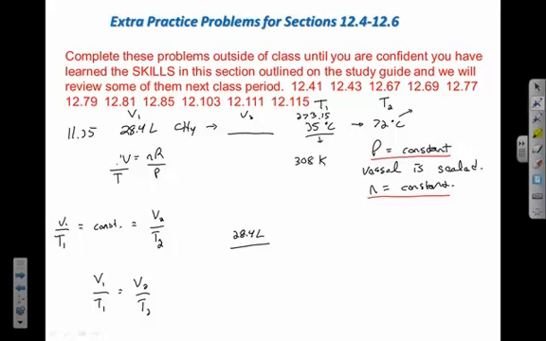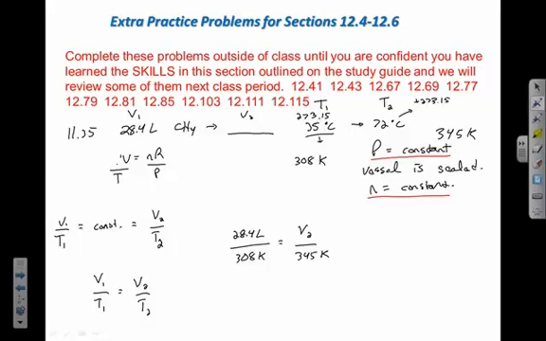And this one, when I add 273.15, is going to give me 345 Kelvin. So the initial temperature is 308 Kelvin. The new volume is what I want. The new temperature is 345 Kelvin. Assuming I did that math correctly in my head.